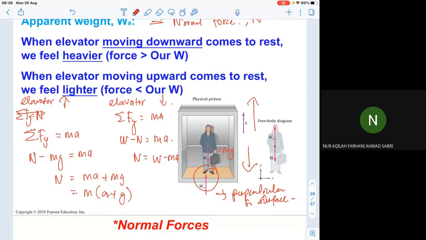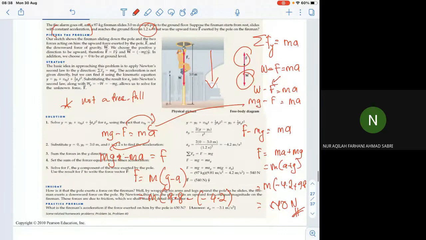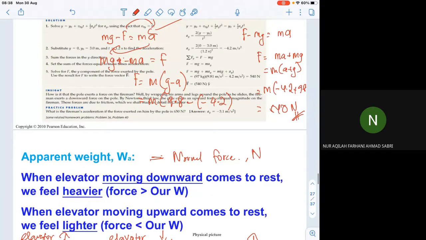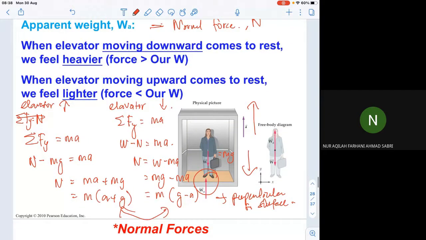What is W? mg minus ma. So N equals m times g minus a. There are two different cases. The same thing happens when we solve this problem, depending on the acceleration going positive or negative, while gravity is always 9.8.